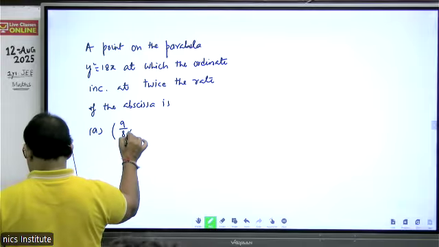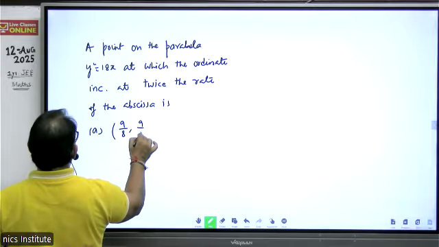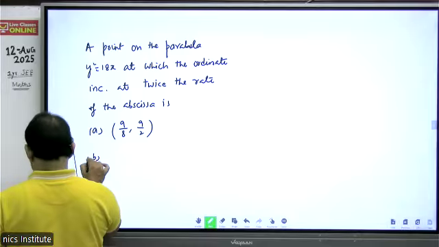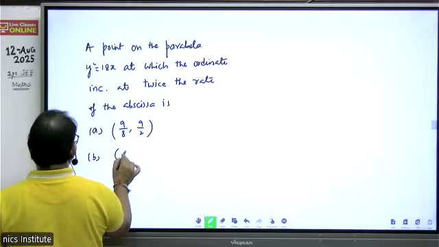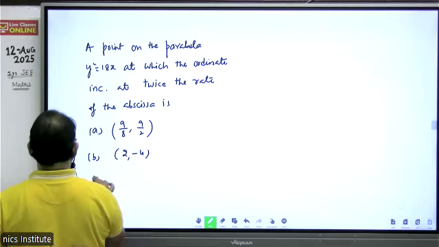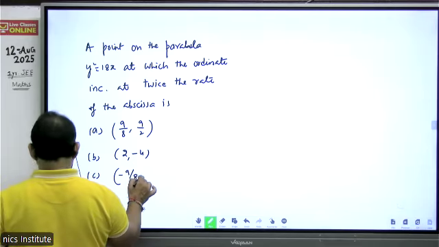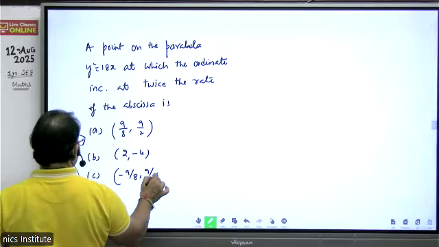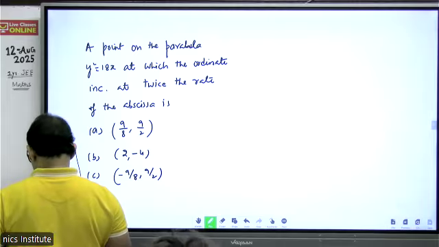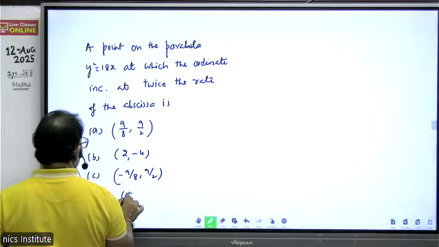Options are A: 9 by 8, 9 by 2; B: 2 comma minus 4; C: minus 9 by 8, 9 by 2; and D option is 2 comma 4.